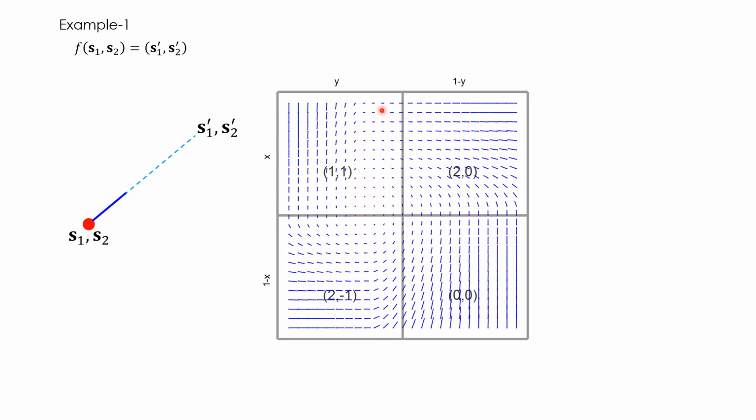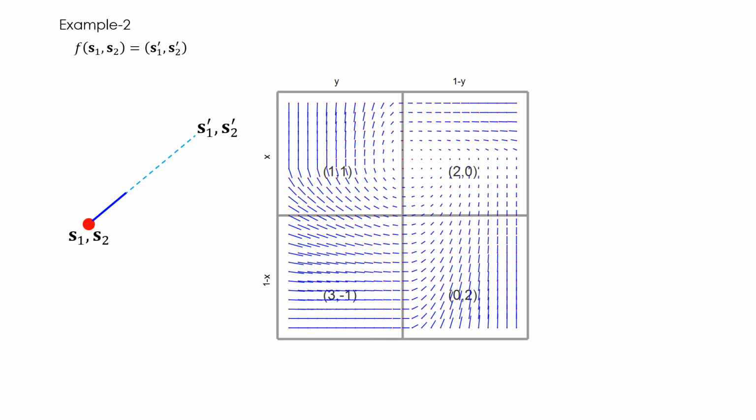So what this shows is for each red dot, what's the direction for the joint strategies to move to yield better payoffs according to this function f. This is the same function's output for another set of payoffs, example 2.